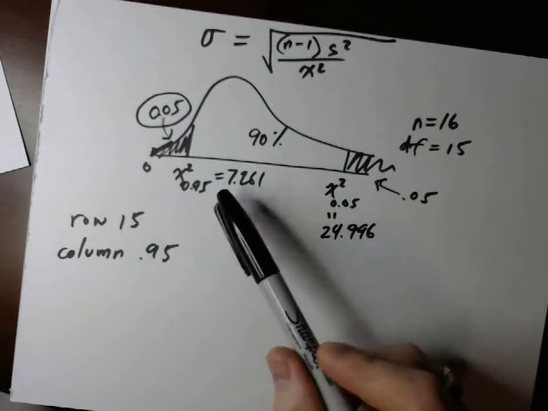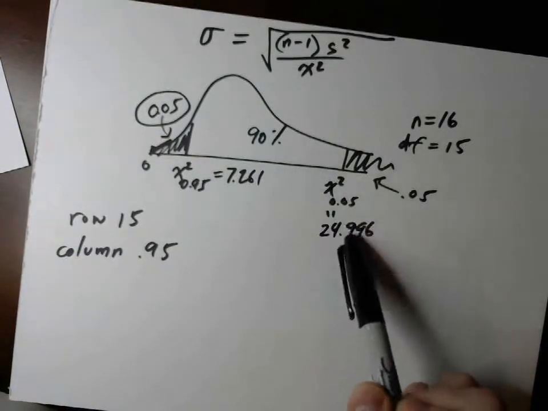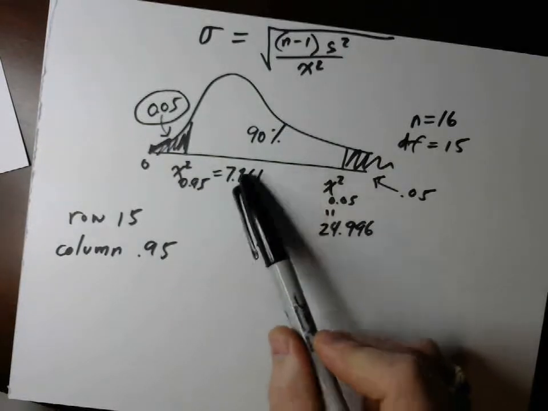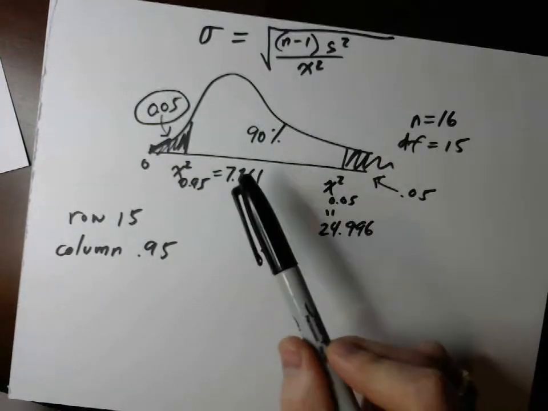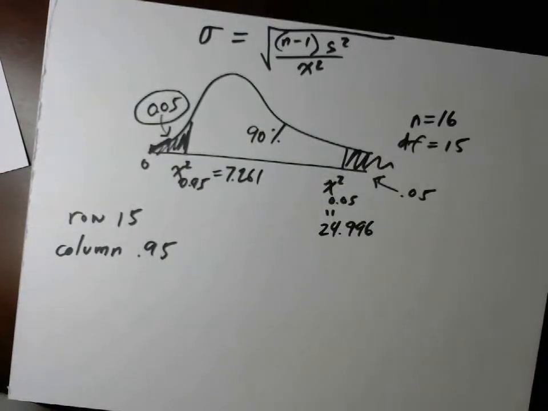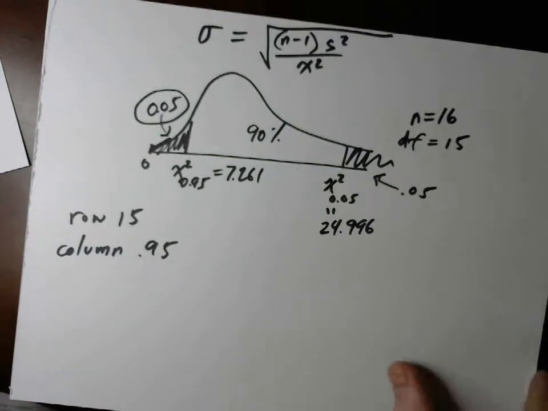Those two values would be your critical values, which you would use to determine your confidence interval for sigma. So let's look at an example to see how this works out completely from A to Z.